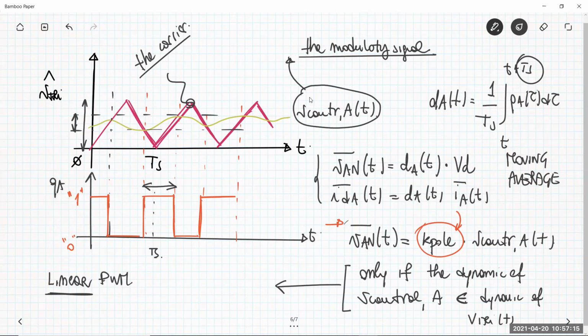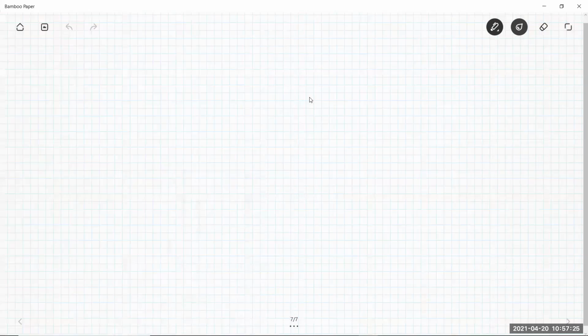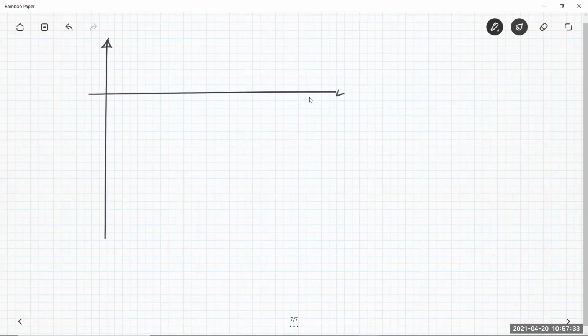If you look at these characteristics, you can see that basically what we are doing is a sort of discrete transformation of the information that is inside the variation of the control voltage.